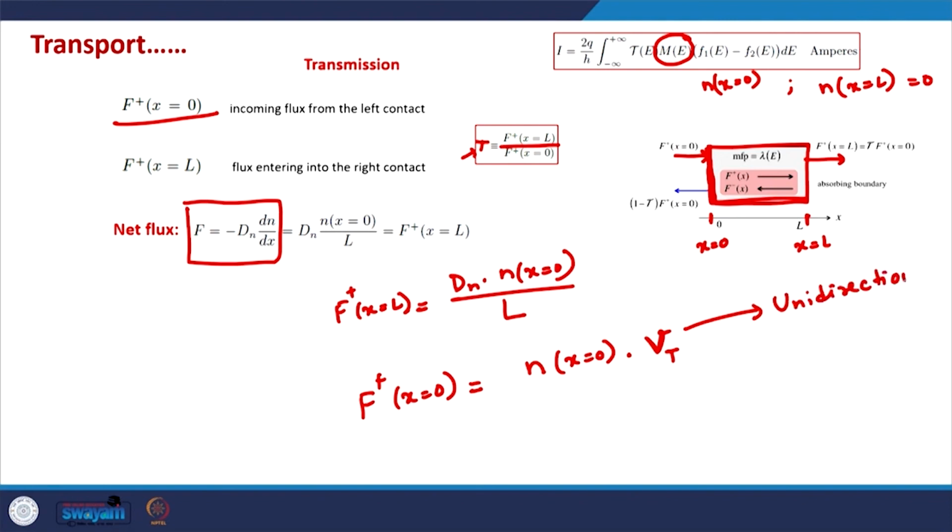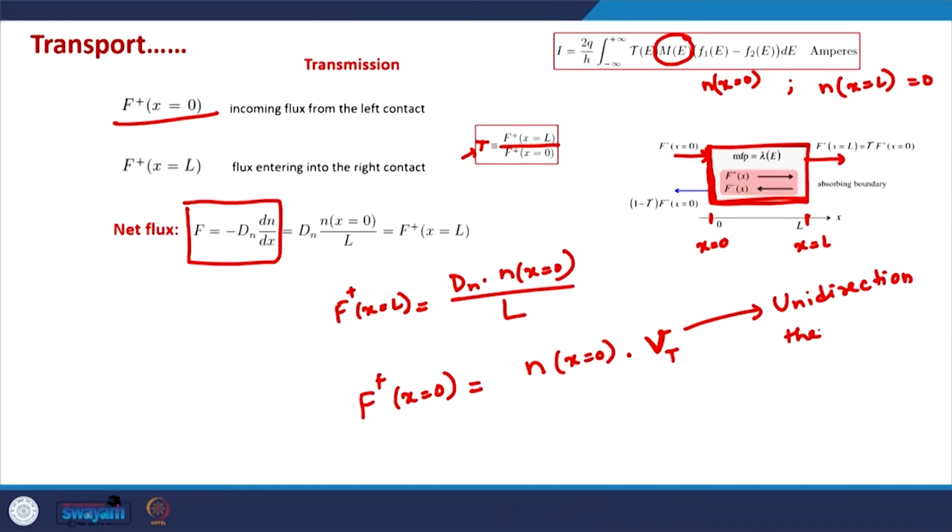because the net velocity of electrons is typically 0. If a flux is injected, almost half of that may scatter and come back. So almost half the electrons are traveling to the left and half to the right, and that way the net velocity is 0.